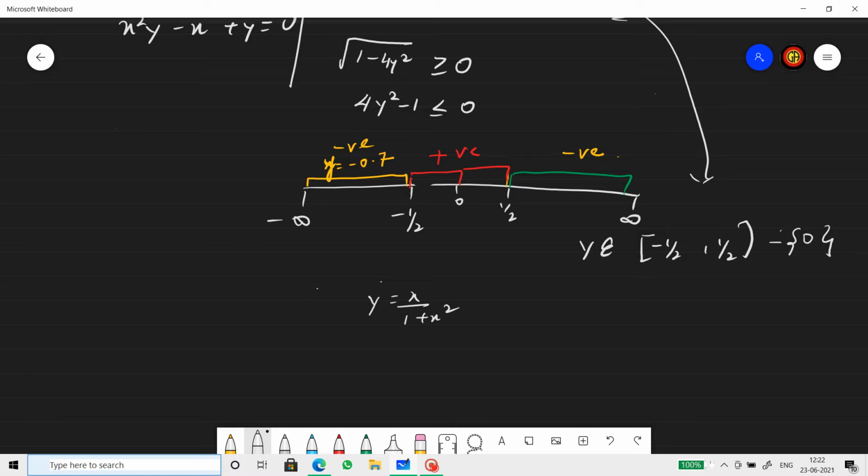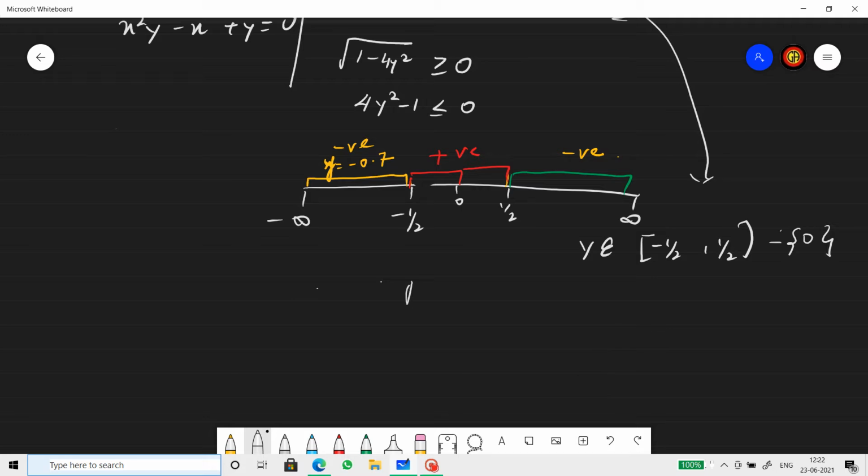Now, if I consider y as 0, it is x by 1 plus x square equal to 0, so I get x is equal to 0. 0 is part of the real numbers. So when x is 0, I get y as 0. So there is no way I can leave out 0, or say the range is all elements between minus half to half except 0, because there is an x value 0 that can give y as 0.